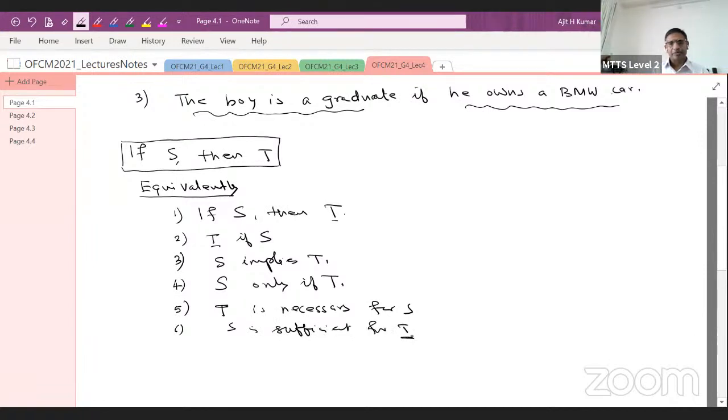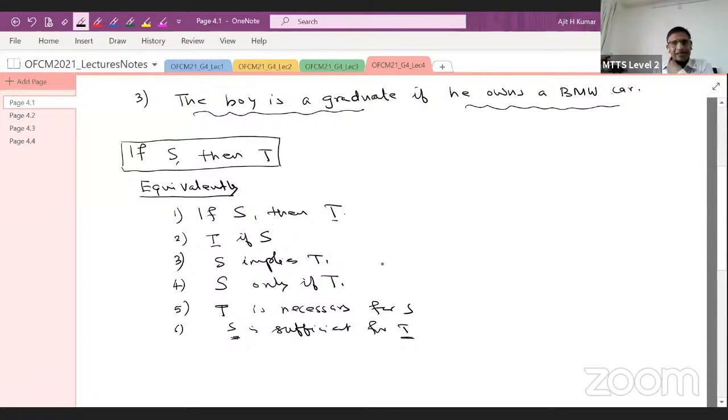For the apple to be ripe, it is sufficient that it is red. Okay, so these are different ways of writing the same thing, that if S then T.